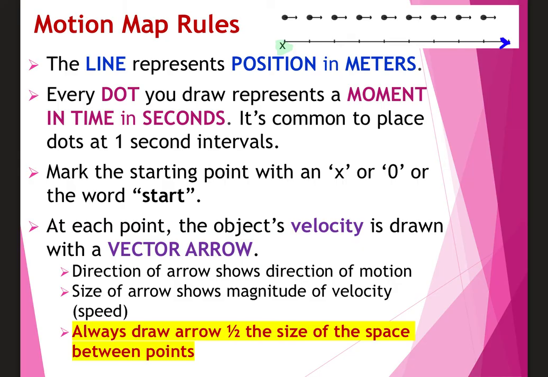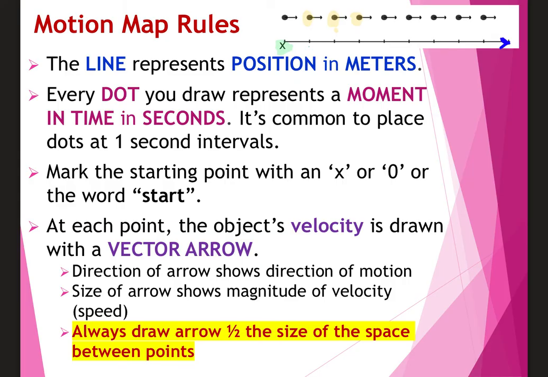Then you're going to have a dot. These dots right there. That one doesn't want to draw, sorry. Those dots represent that moment in time that we were talking about. And we place the dot on the line exactly where the object is at that moment in time.